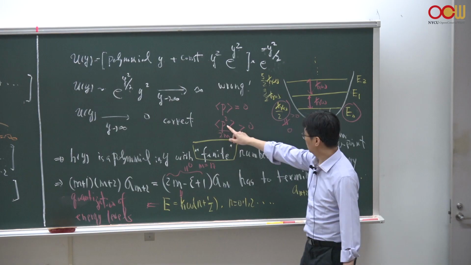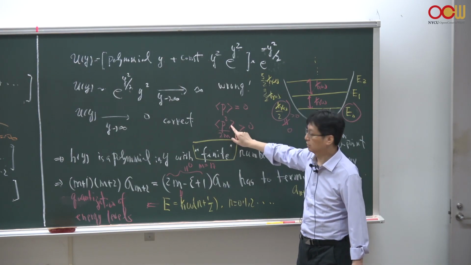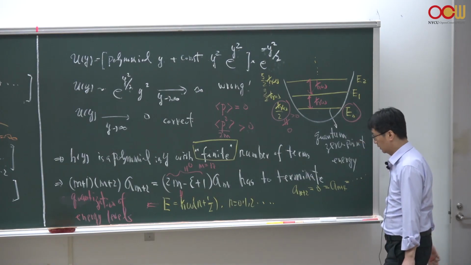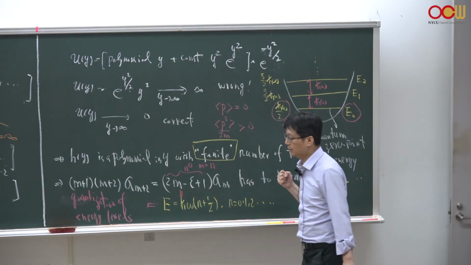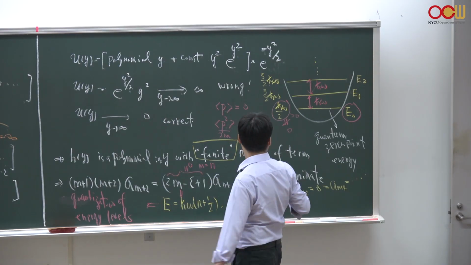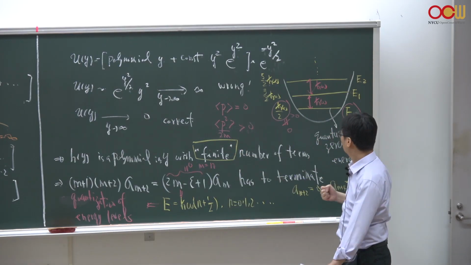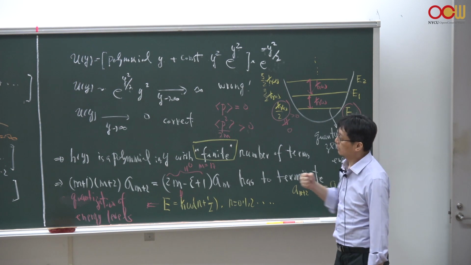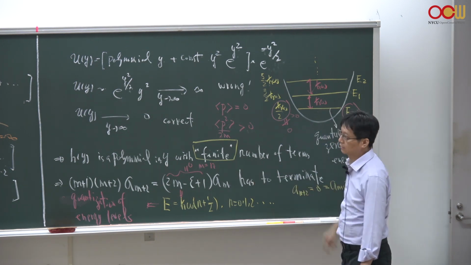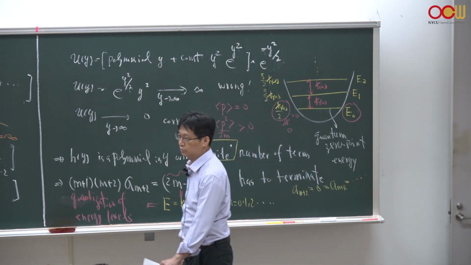But if you measure the kinetic energy of the particle, of course, it is positive value. So the particle is actually symmetrically moving back and forth inside the well, inside the oscillator potential. And this kinetic energy is actually the finite ground state energy that you see here.